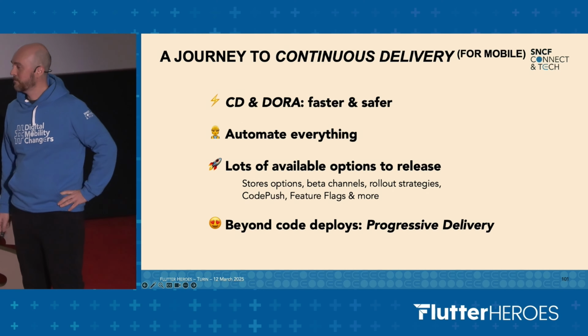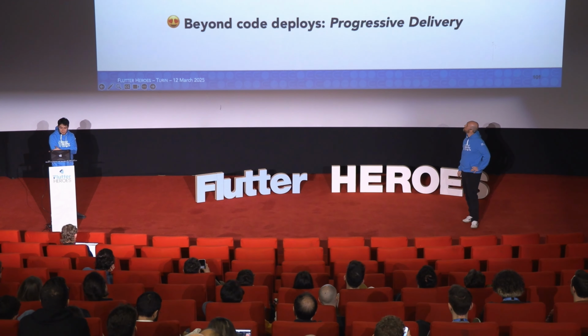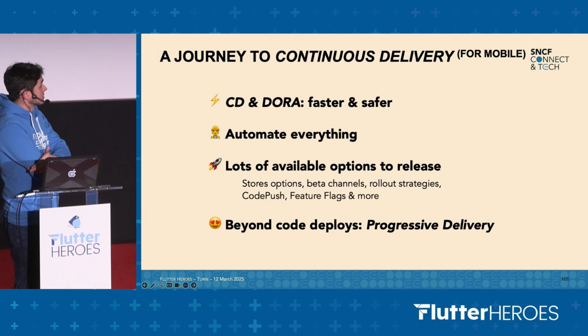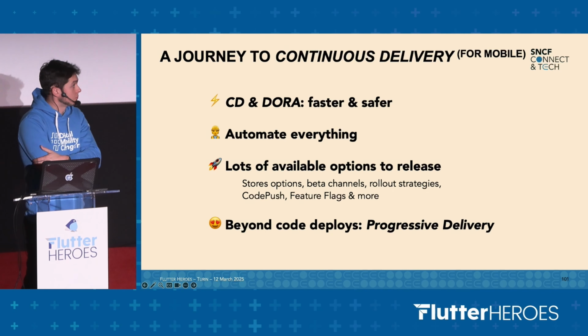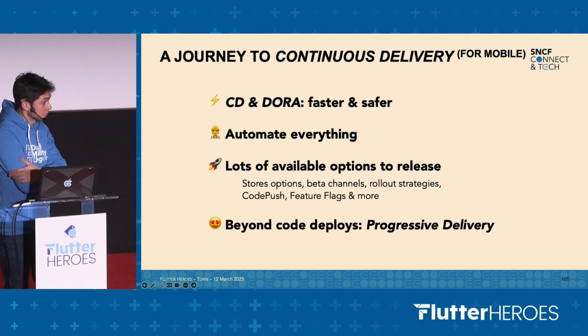You should also leverage the power of stores with the beta channels, the rollout modes, new tools like Shorebird for code push, and you should embrace feature flags and go beyond just deploy with progressive delivery. Think feature first for your users.